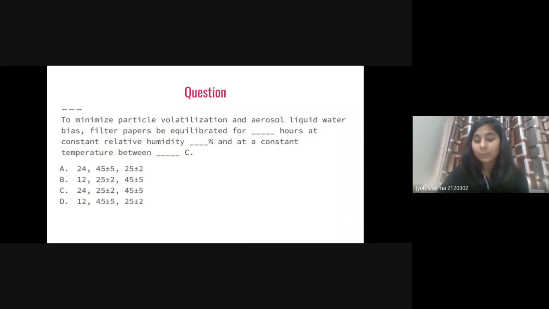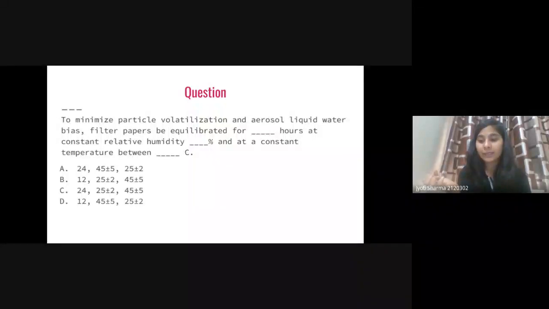If we are using that filter paper, we have to do the conditioning. It may happen that the gas has some moisture or even the filter paper has some moisture, so you have to remove that moisture from it. To make it conditioned, you have to keep it at some temperature, some relative humidity, and some constant pressure.